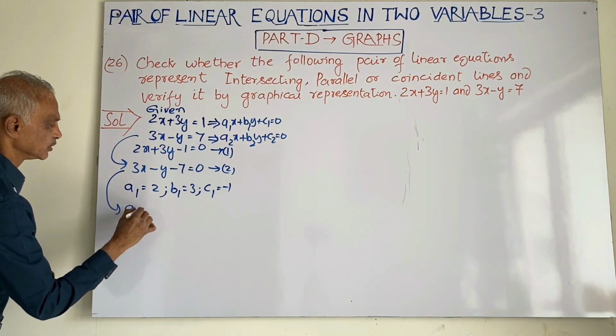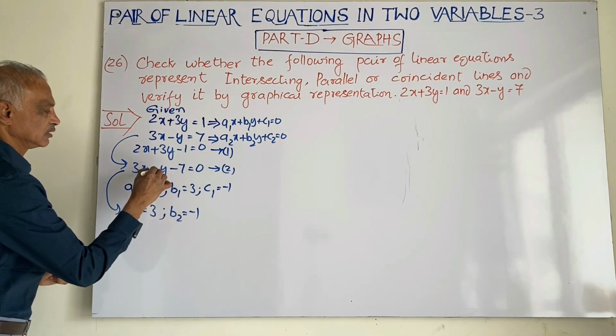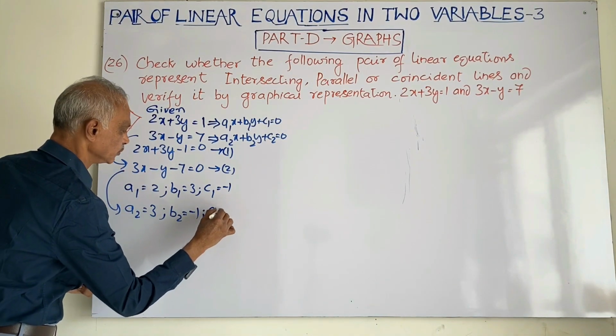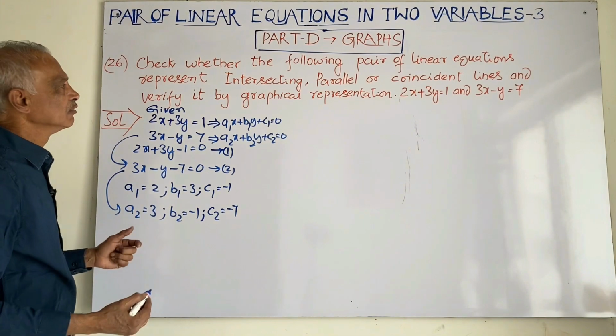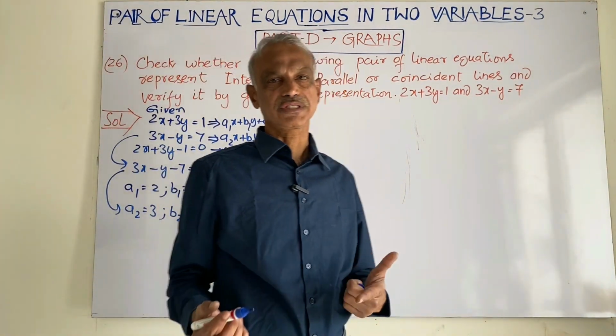Similarly, a2 is equal to 3, b2 is equal to minus 1, and c2 is equal to minus 7. We have to check whether they are intersecting, parallel or coincident lines.